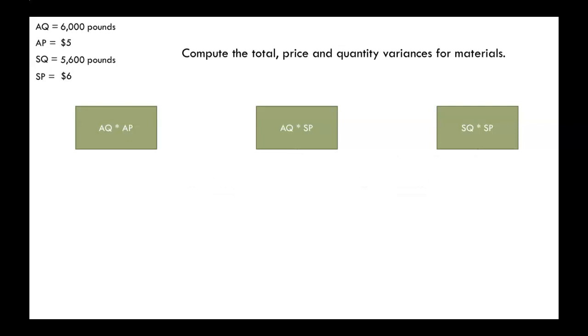So let's start plugging in the numbers that we know. AQ times AP, that's 6,000 times 5. AQ times SP, that's 6,000 times 6. And SQ times SP is 5,600 times 6.